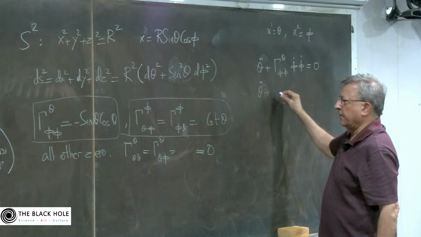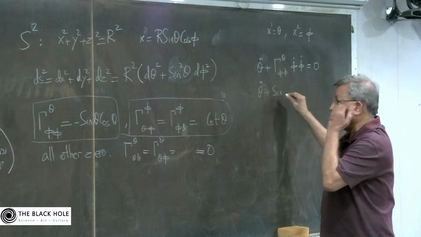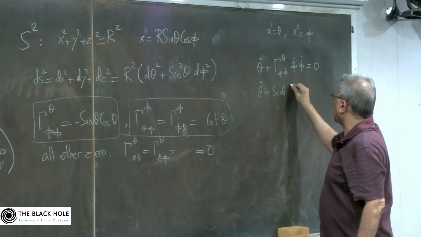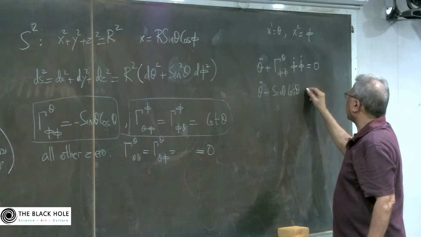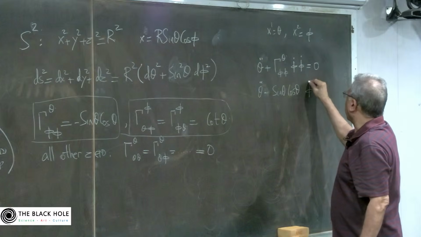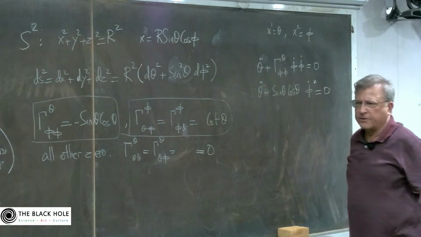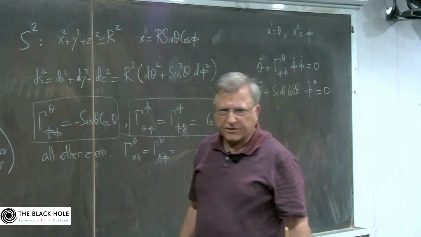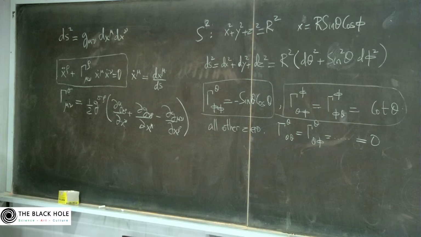Very good. So then we have theta double dot, and this is minus sine theta cos theta phi dot squared. So that's the first equation that comes out of this.